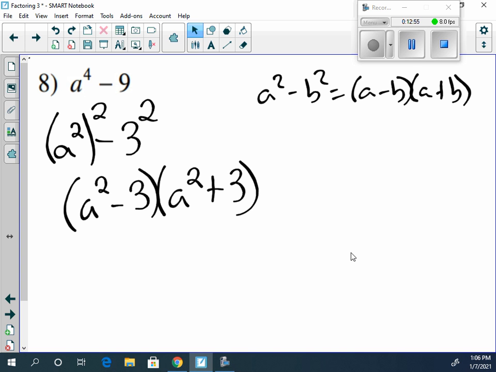Questions on this here? So are we good with this one here? It's a little bit different because we had to think a little bit more outside of the box with the fact that we had to rewrite a to the 4th as a squared squared. But otherwise, it works the exact same.